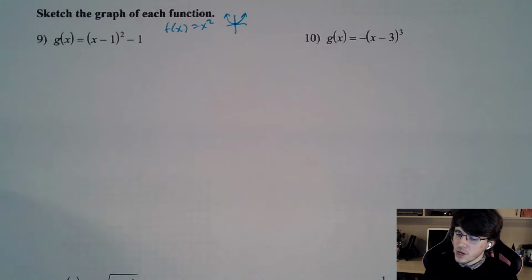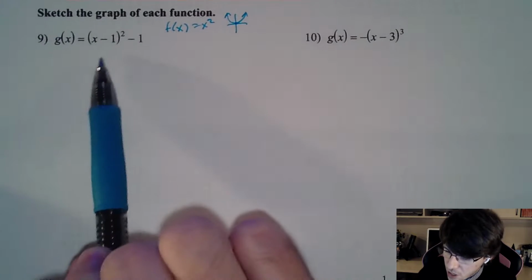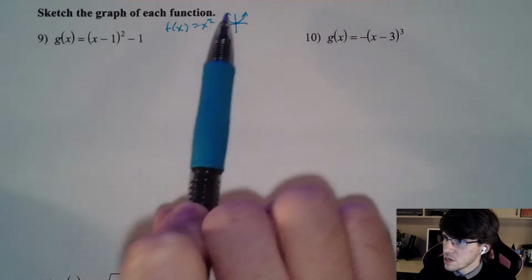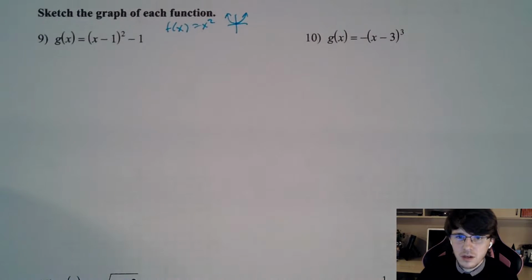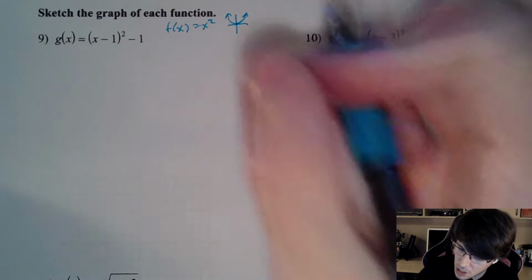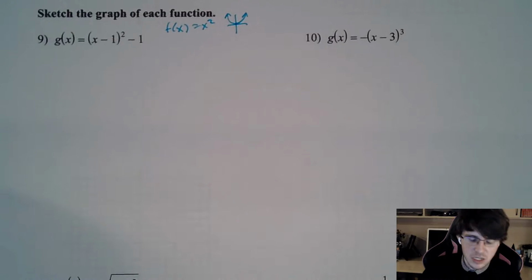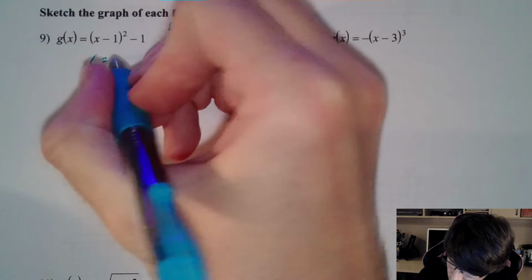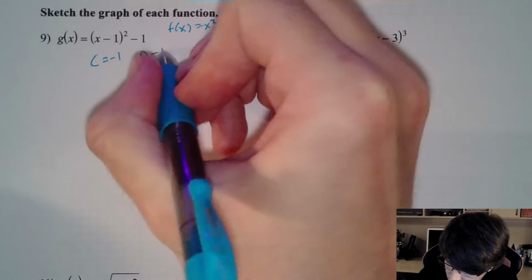Now we have to combine all the things that we've learned so far. We have to figure out what these letters are, and then use those letters to move this graph and create our picture. If you go through the process and look at your notes, it means that C right here is -1 and D is -1.